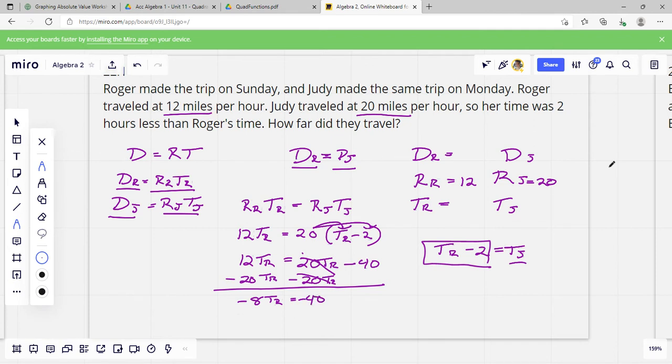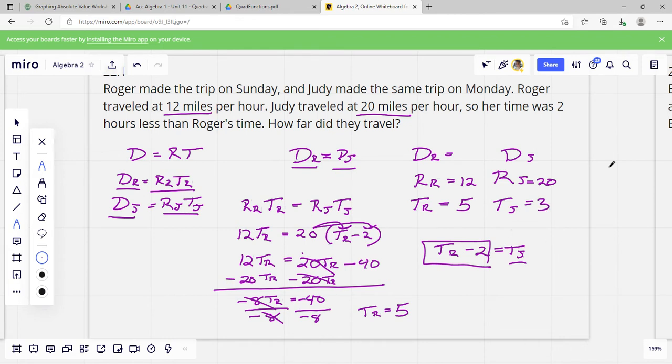Now we just have to divide by negative 8. And 8 times 5 is 40, so the time of Roger equals 5. So Roger's time is 5, right? And if the time of Roger minus 2 is the time of Judy, that would be 3.